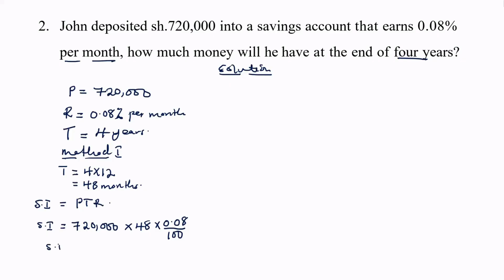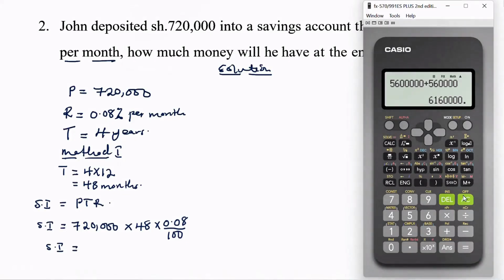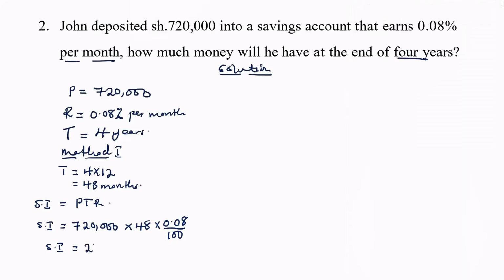Let me get a calculator. It is 720,000 multiplied by 48, then multiplied by 0.08. Let me first get the answer before I divide by 100, then divide by 100. This is equal to 27,648. This is our simple interest, but remember the question requires us to calculate the amount.